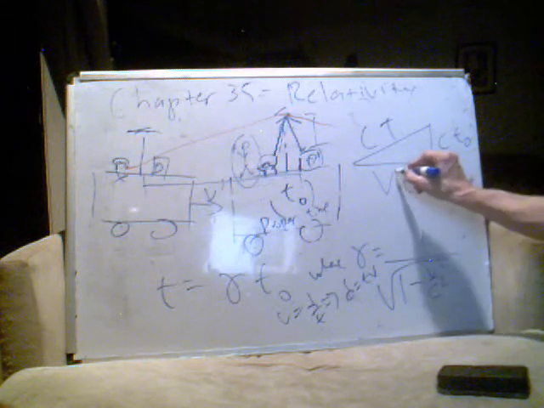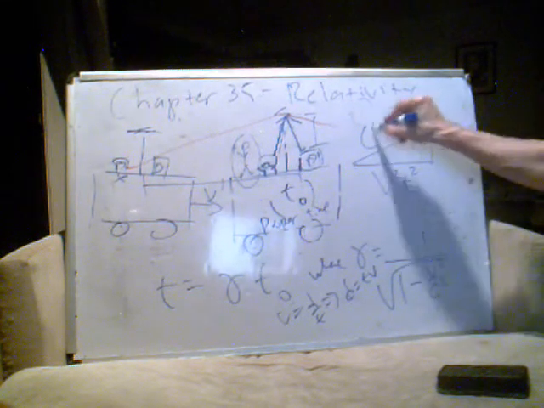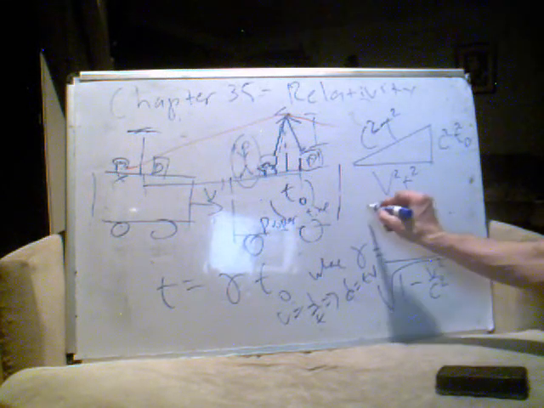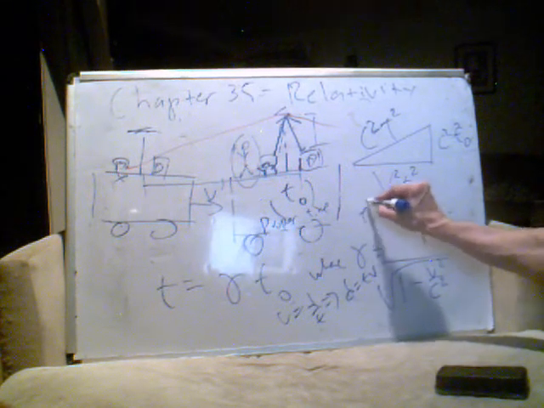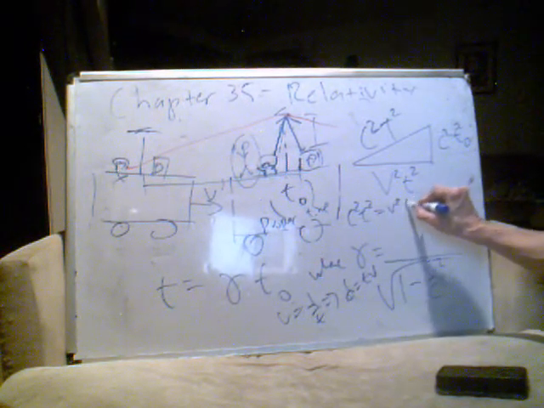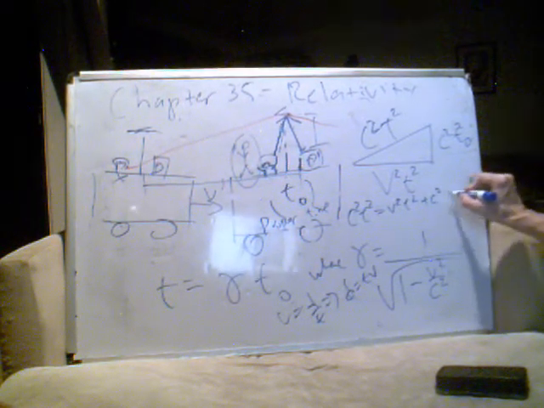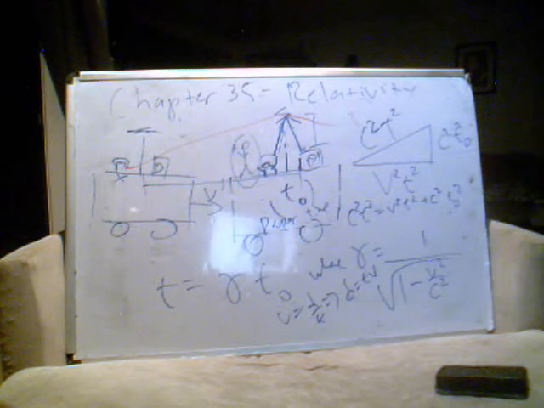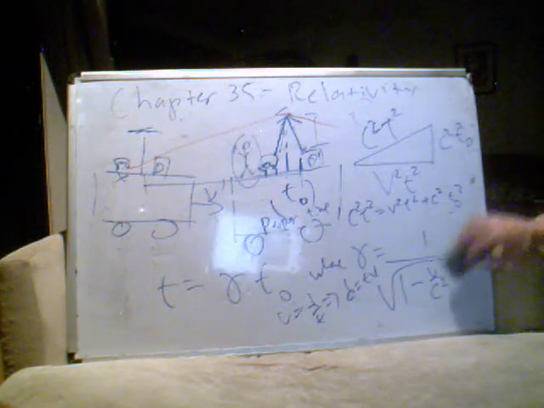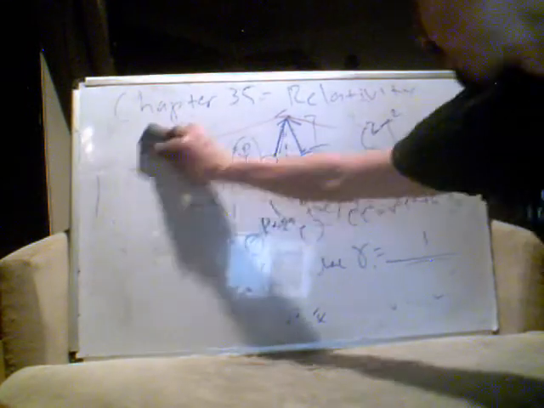Of course, for this to work, we have to square everything, and then we have a true Pythagorean relation. So, if you want to write it out this way, c squared t squared is equal to v squared t squared plus c squared t naught squared. I know this is starting to look like a bunch of crazy mumbo jumbo, but let's just see how far this rabbit hole goes, shall we?